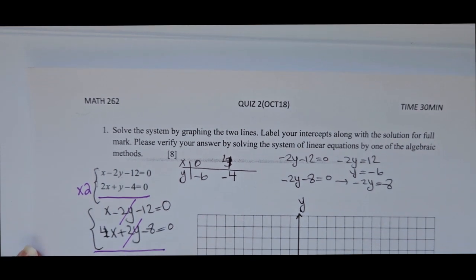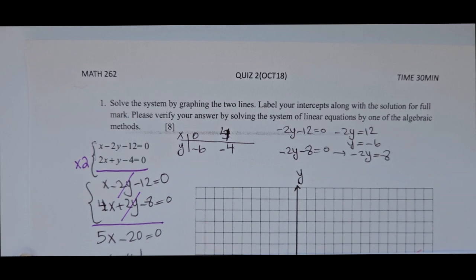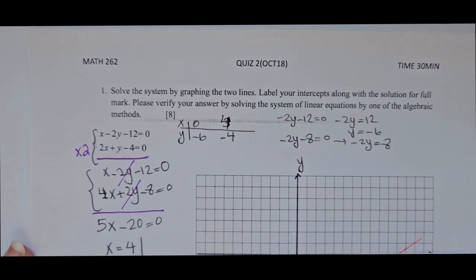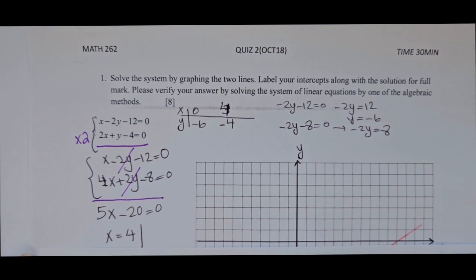The second one would be 4x plus 2y minus 8. And the negative 2y will be cancelled out by 2y. So the answer would be 5x minus 20. 5x minus 20 is a linear equation. Negative 20 moves to the other side, so x would be 4.